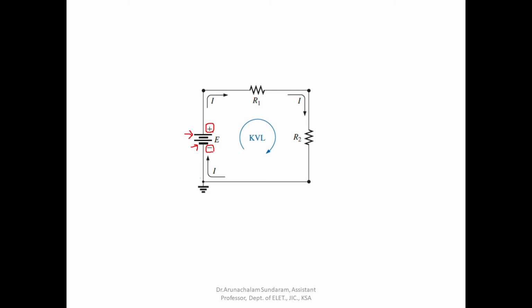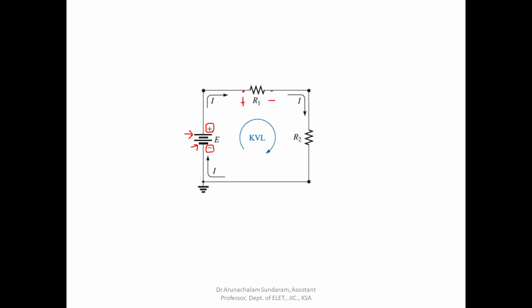So the first thing that you have to do in Kirchhoff's voltage law is find the direction of current. All of you know that current always starts from the positive potential, flows through the circuit, and then returns to the negative terminal. So if the current is flowing in this direction, the point where the current enters the resistance becomes positive, and the point where the current leaves becomes negative.